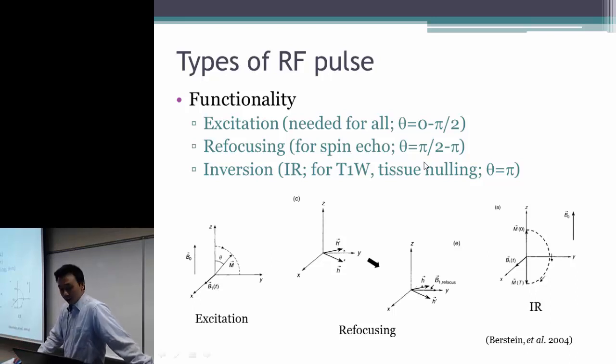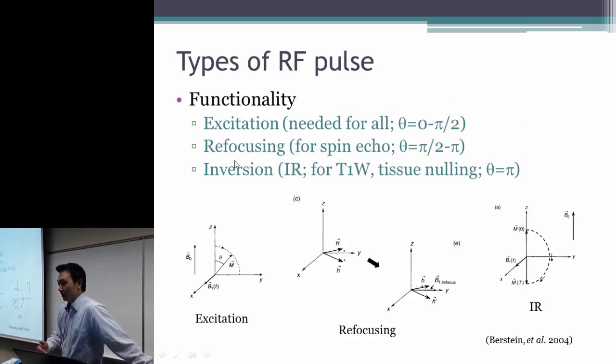If we look at them from the point of view of functionality, we can consider, for example, the excitation RF pulse. Usually this excitation pulse is needed for every sequence, and usually has a flip angle between 0 and pi over 2.